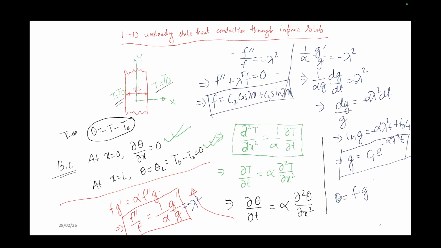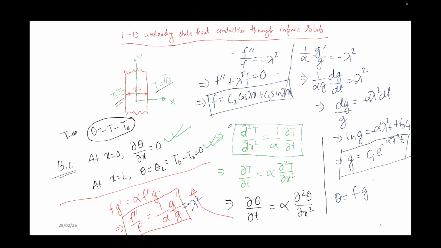Again, theta is a function of f and g, and f is a variable of x. So we have to take c2 as 0 for f equal to 0; it is only possible if c2 is 0, else it will be a trivial solution, right?